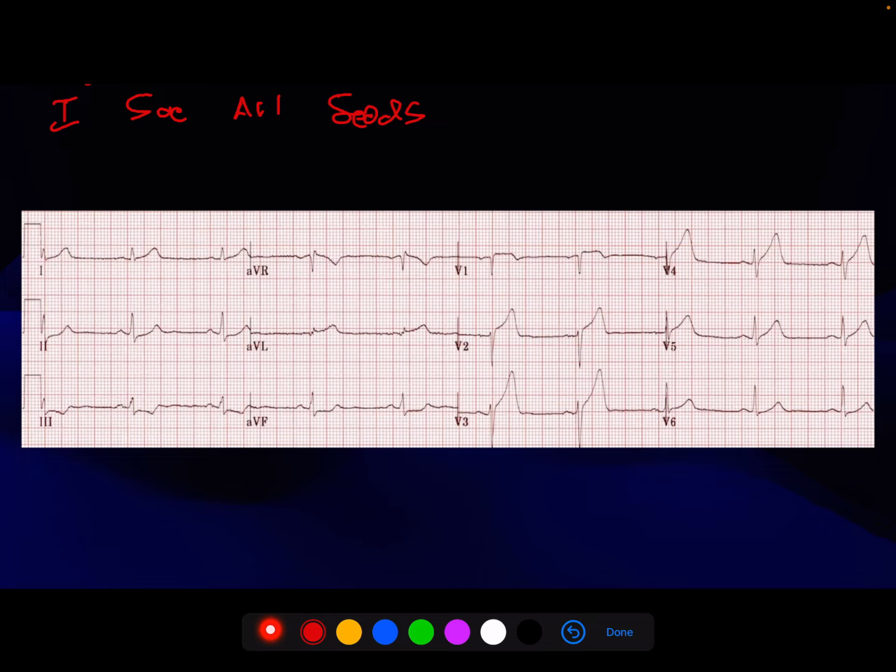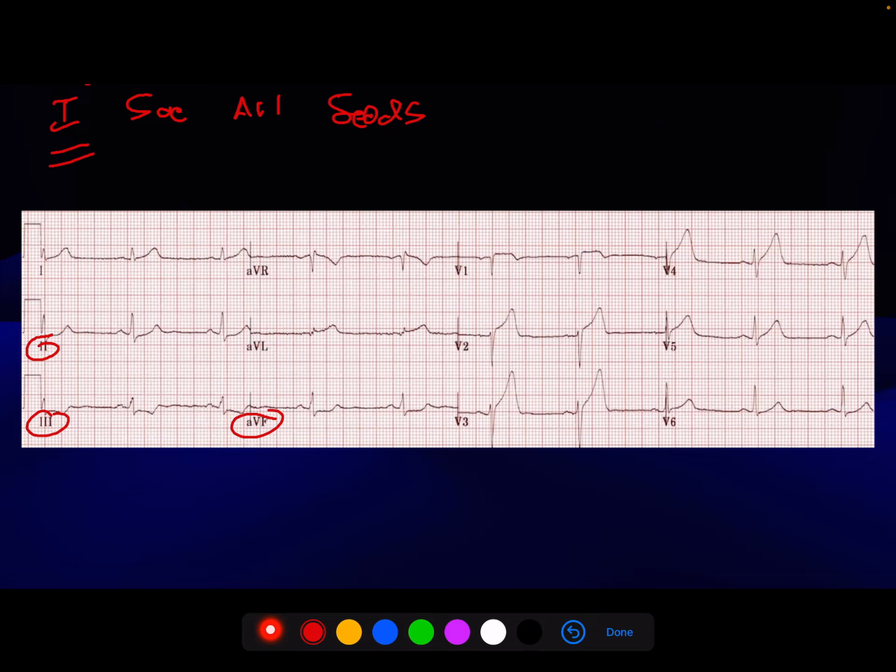I is the inferior wall of the left ventricle, the right coronary artery, and that includes leads 2, 3, and augmented vector foot, or aVF. And so that's where I tend to start. So I'll start at the inferior.